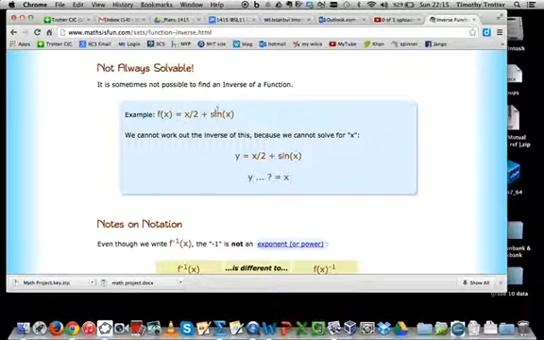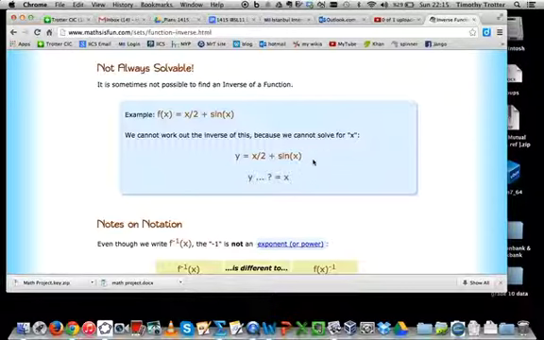If I try to solve for x in this equation and get x by itself with everything else on the other side, then we would have the inverse function. But as it turns out, we can't solve for x in this particular case. There's no way of undoing this, and so we're actually stuck. So algebraically we can't do it.